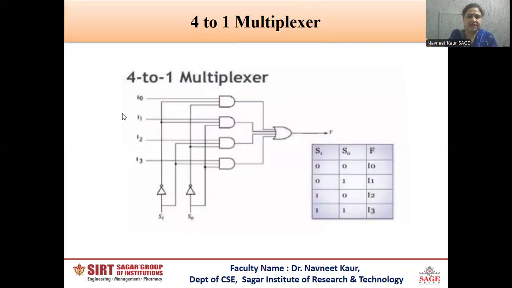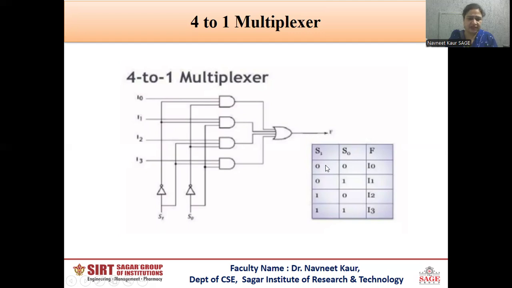Now this is the logic circuit diagram of the 4 to 1 multiplexer. Here 4 inputs are connected, and 2 selection lines are there, and there will be 4 AND gates and the output of these AND gates will be connected to a single OR gate, and the output of the OR gate will give the output of the multiplexer.